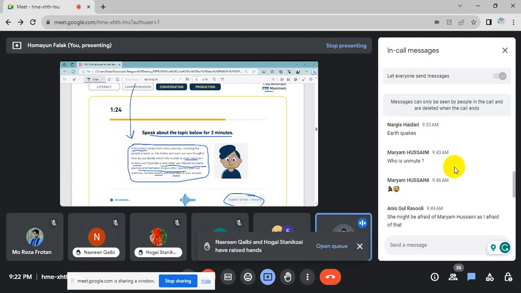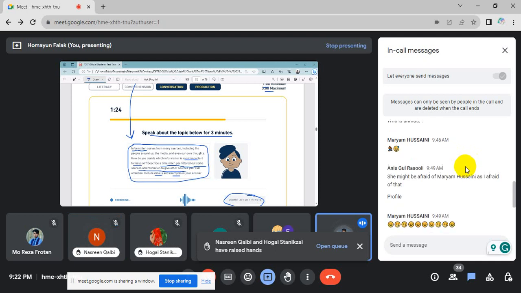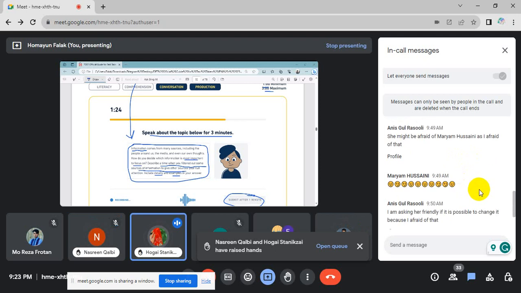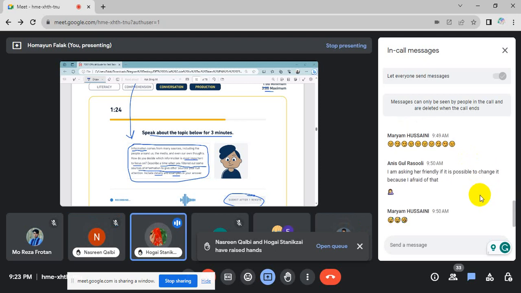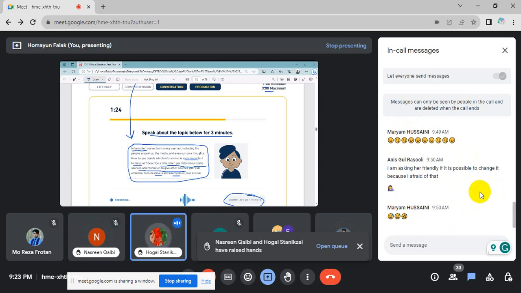If there is any other question, please raise your hands. Bono Hogai, looks like you have a question. Yes, I have a suggestion, teacher. You had built the practice group in WhatsApp, but you didn't share any practices.